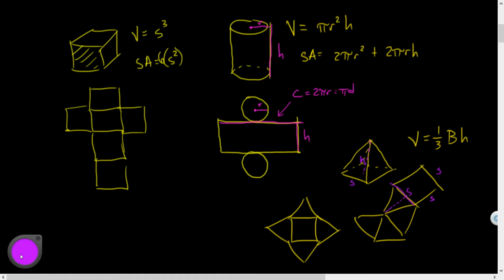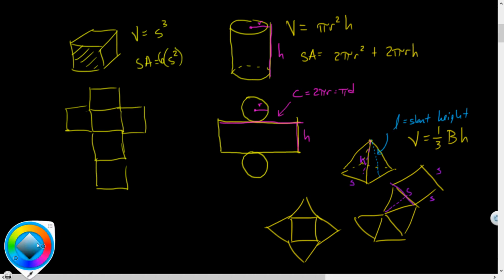It's the distance along this, and that is longer than the height of the pyramid. This is called the slant height, with kind of like a cursive L. And if I know the height, how could I find the slant height?